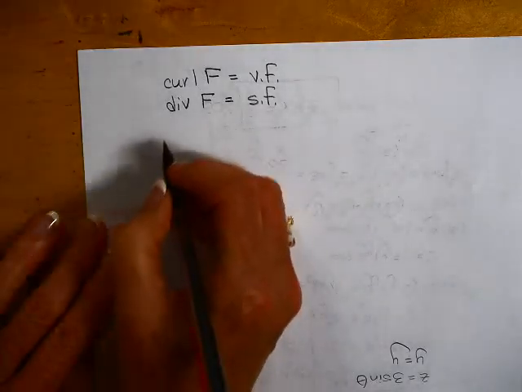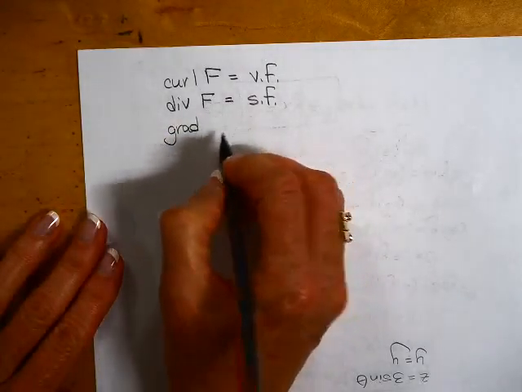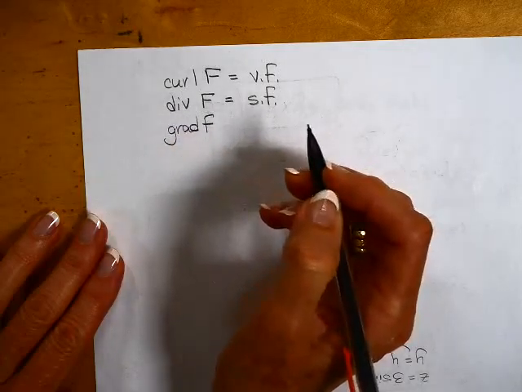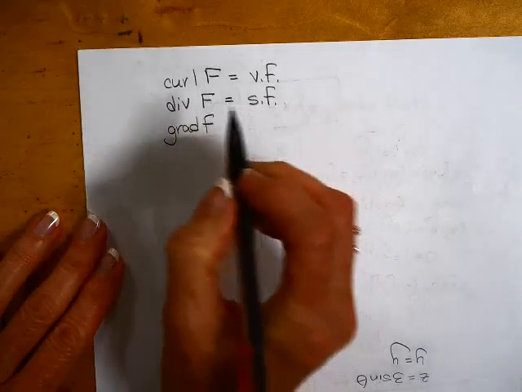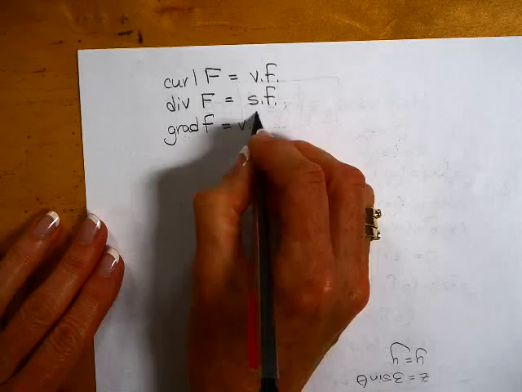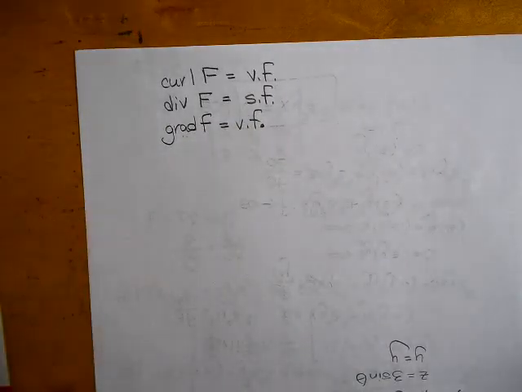The other thing they have in here is a gradient vector. Now we took the gradient vector of a function. We didn't take the gradient vector of a vector field. We do, and we get what? A vector field. Exactly. So using this, I think I've got everything in there.